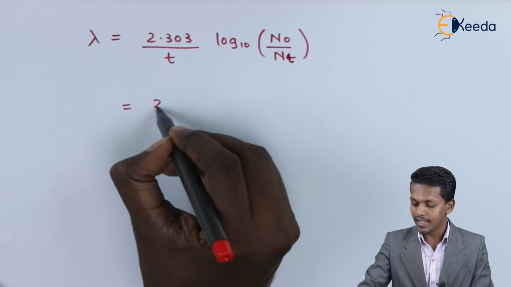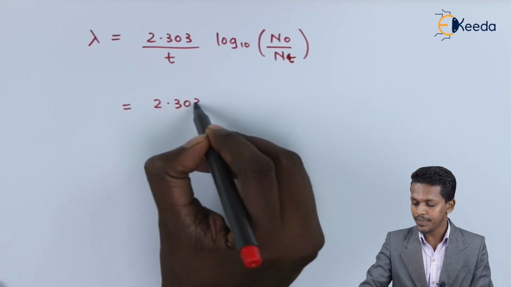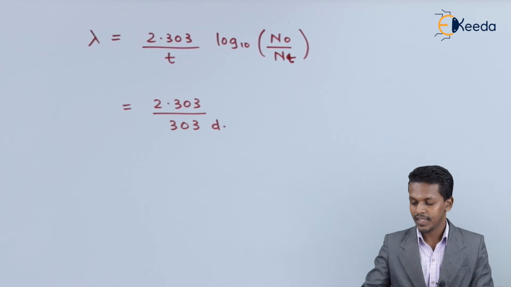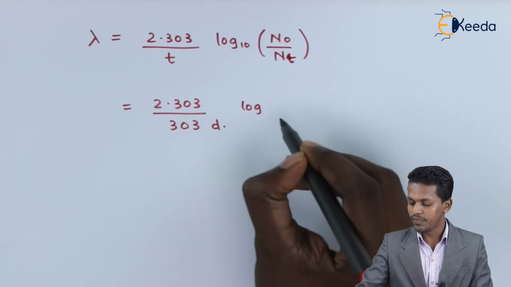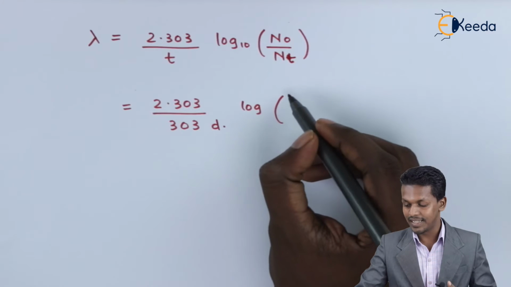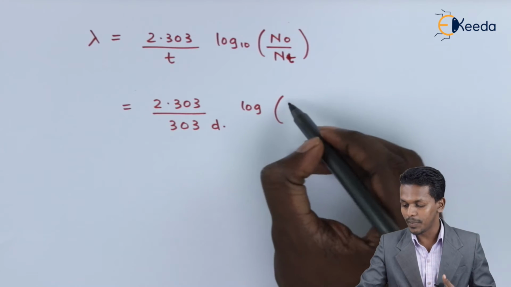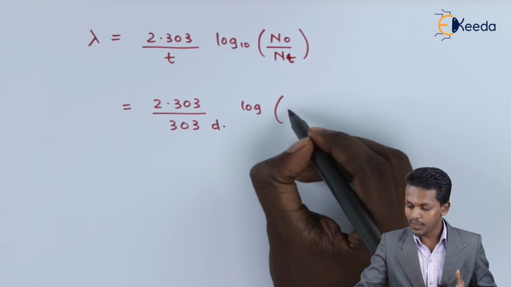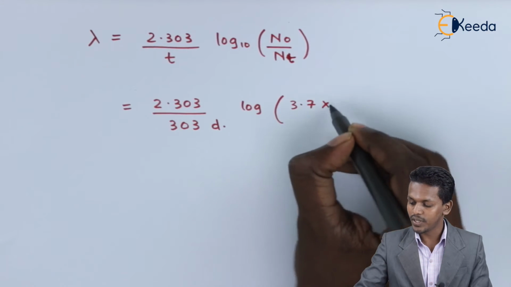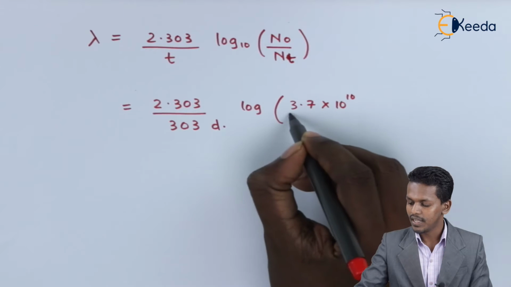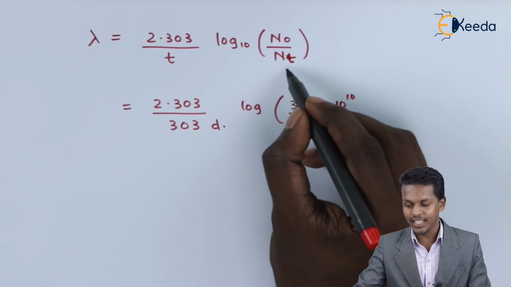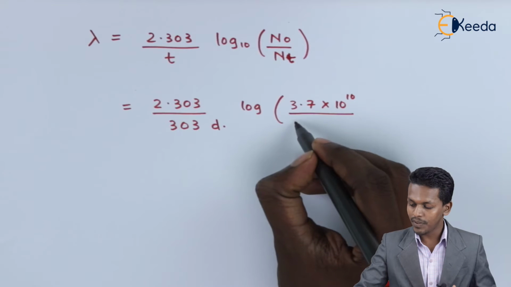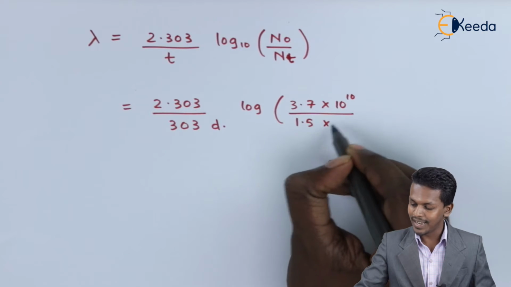Therefore I'll write it as 2.303 divided by 303 days, log to the base 10 of N naught, which is found to be 3.7 into 10 raised to 10, while Nt, or simply capital N, has been found to be 1.5 into 10 raised to 4.